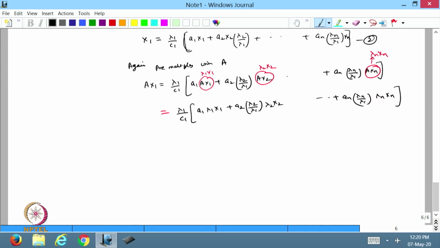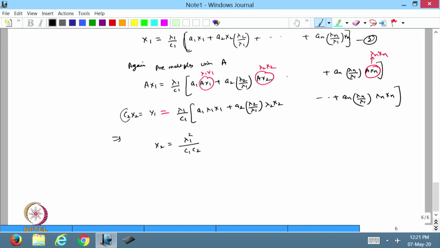Again I can take lambda 1 common, and from here I get A x1, which will be y1, and I take the common factor, so this will be equal to c2 x2. So, now I can write that my x2 will be lambda 1 squared over c1 c2, because I have taken this factor as common.